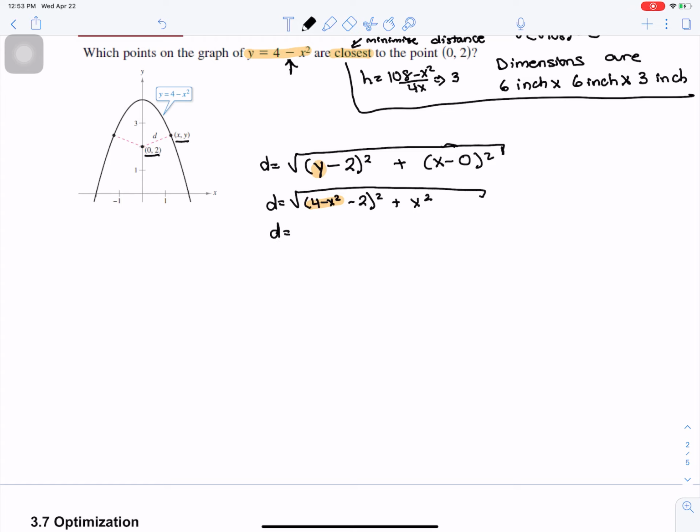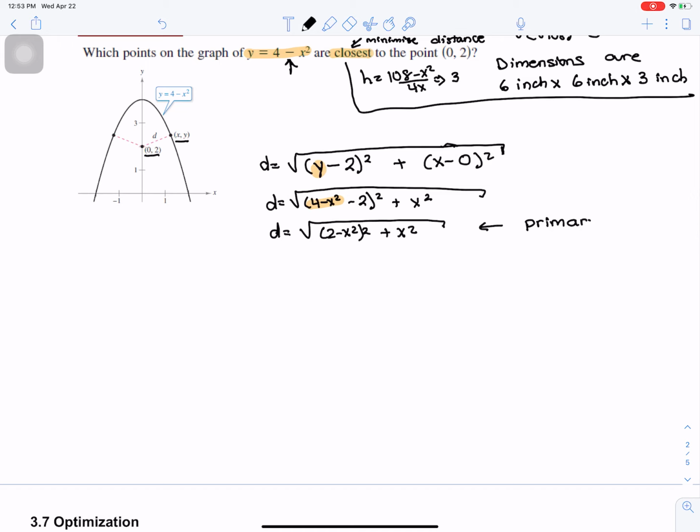And one more cleanup step. So (2 minus x squared) all squared plus x squared. That's my function that I'm trying to optimize or minimize in this case. So this is my primary equation.